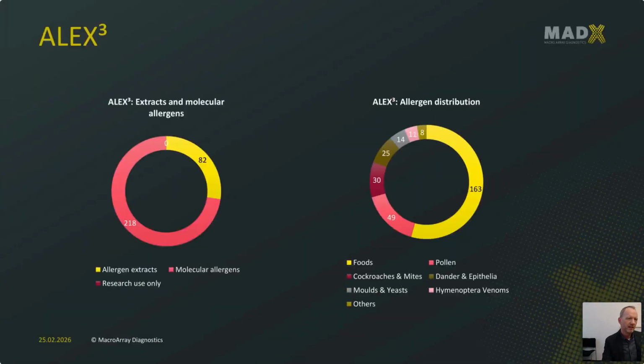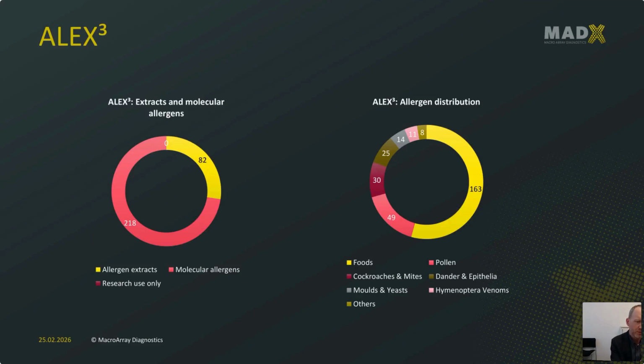So in total, the Alex 3 contains 218 molecular allergens and 82 extracts, providing a comprehensive and well-balanced allergen panel, which features inhalants, food allergens, contact allergens, as well as insect venoms. This provides a globally relevant allergen profile.